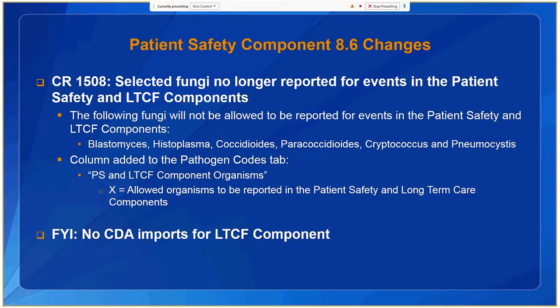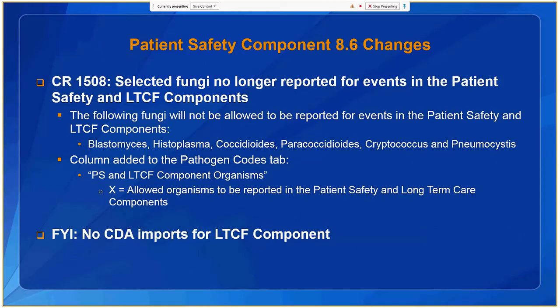There was also CR 1508 requesting that fungi no longer be reported for events in the patient safety and long-term care facility. So what we did was add a new column as patient safety and long-term care facility component organisms. So X equals the allowed organisms.